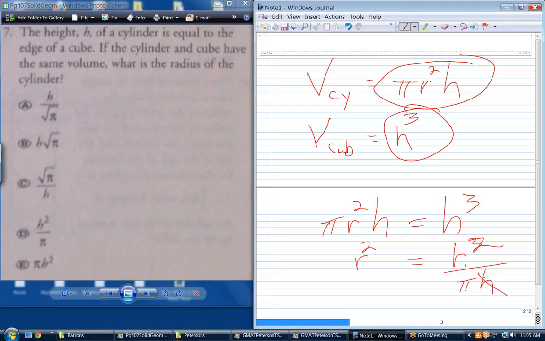Then you have to take the square root of that. So the square root of h squared is h, and then the square root of pi. Right, you don't often see a square root of pi.